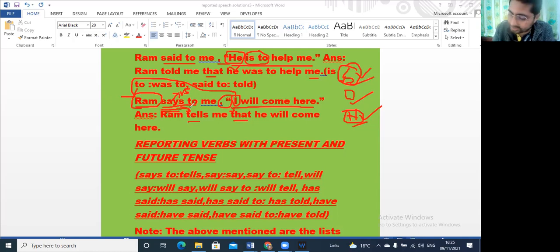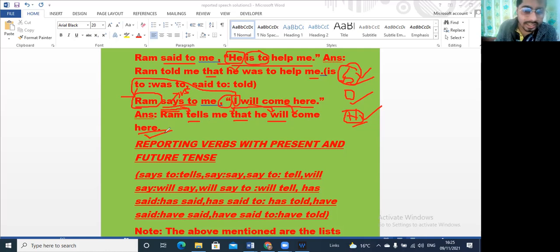For the case of present tense or future tense, we should never change the tense of reported statement. Just like here, Ram tells me that he will remain same, will. He will come here. An adverb also remains same. Here is the adverb of place. Here represents the adverb of place.